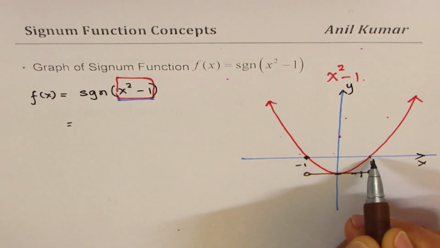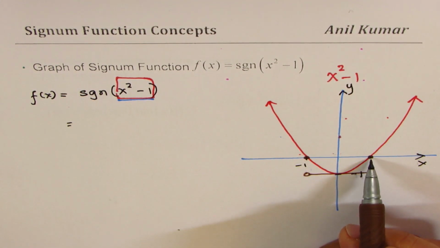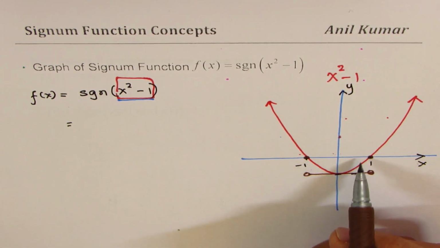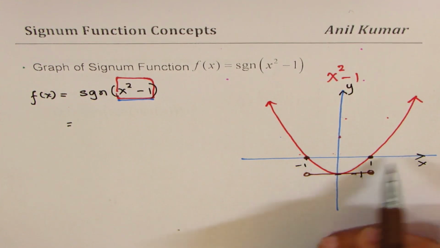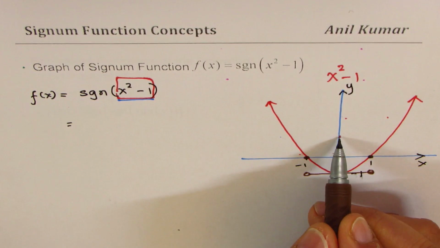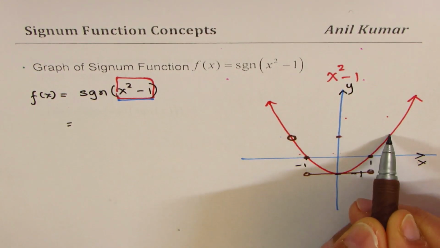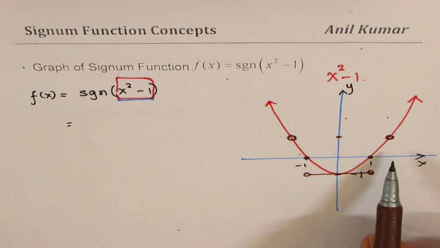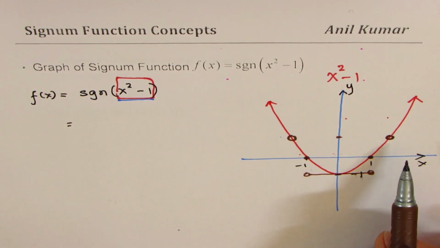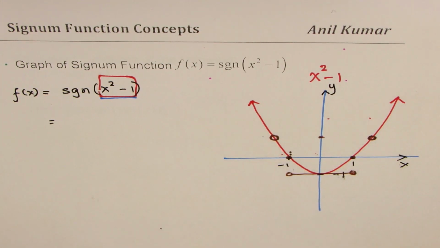At these points, the value of x squared minus 1 is 0, so signum will be 0. And on the right side of 1 and the left side of minus 1, as you can see, it is positive, right?